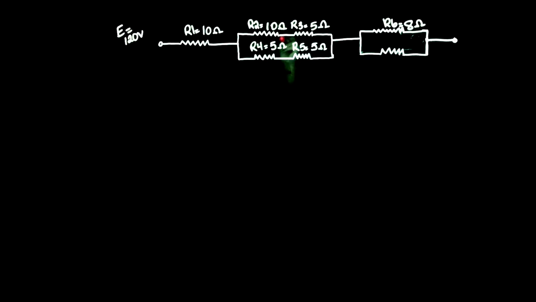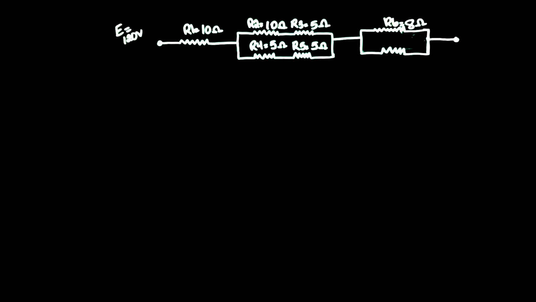So the load side of resistor 2 is directly connected to the line side of resistor 3, providing only one path. That would constitute resistor 2 and 3 sharing the same value of current, which also is a factor in a series circuit. The same would be true for resistors 4 and 5.